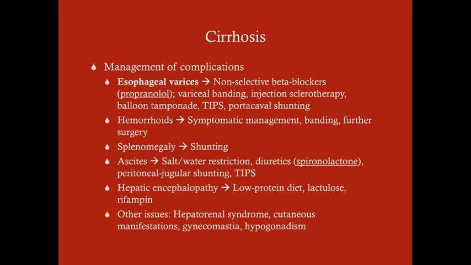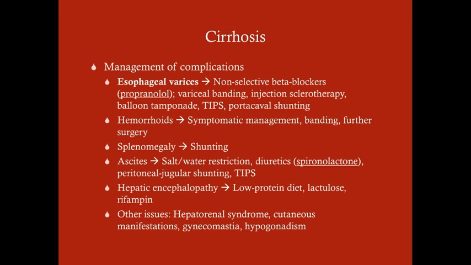Ascites we manage medically with salt and water restriction and diuretics. There are some surgical procedures that can be done, but they're secondary therapy. Hepatic encephalopathy is pretty much always managed medically, just because these patients are poor candidates for surgery in many cases.